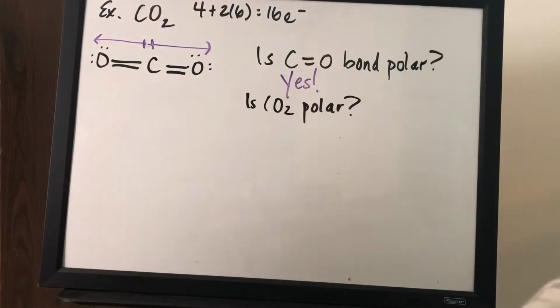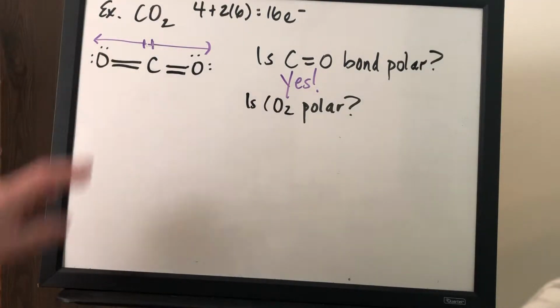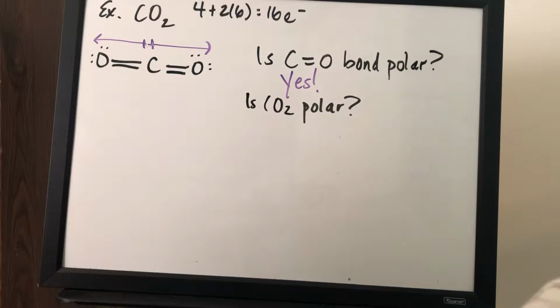Okay, and this is a different question. Notice I'm no longer talking about the bond. I'm talking about the whole molecule. And so when we think about if this molecule is polar, I'm going to reference my picture here, okay? So the two dipoles, or the two charge imbalances, in this case, are equal in magnitude, size, and they're opposite in direction, okay?